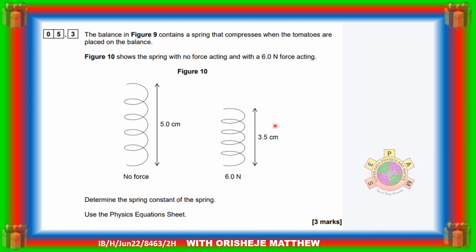So determine the spring constant. The first thing we have to find out is the compression. The compression is the difference between the compressed length and the original length. So I get a compression of 1.5 cm.